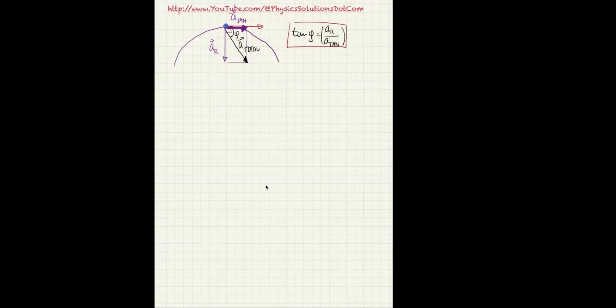And additionally, you could find the magnitude of A. Anybody want to guess how we find the magnitude of A, given that it has a component A_tan and another component A_R? Anyone? It's every bit as simple as you might be thinking.